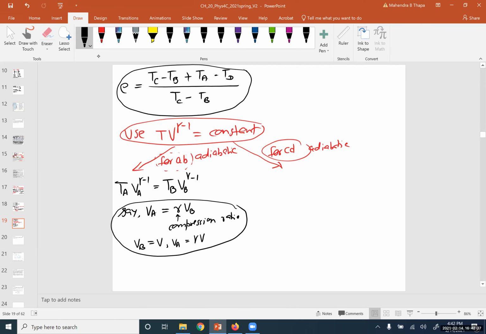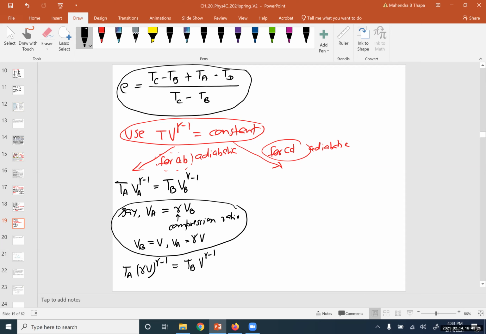So if you do that, you will find TA R V to the gamma minus 1 must equal TB V to the gamma minus 1.